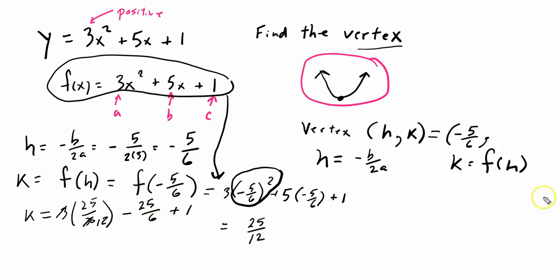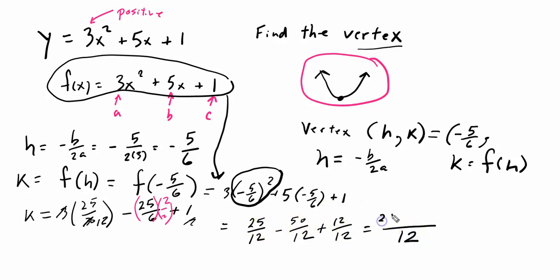And I want to write this fraction here as a fraction with 12 in the denominator. Again, you can use a calculator to do this. So if I multiply top and bottom by 2, I'm going to get minus 50 over 12. And then I'm going to rewrite 1 as 12/12. And then you can put them all into one fraction now.